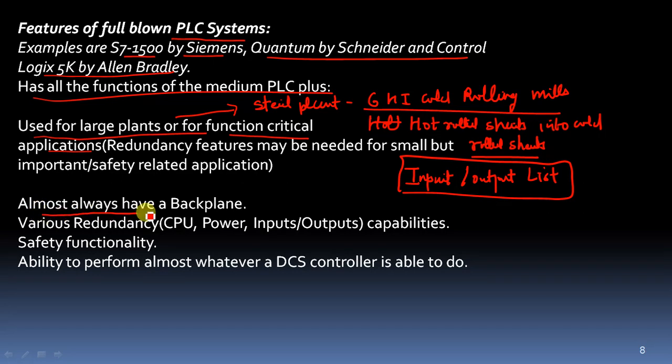They almost always have a backplane, because at any point of time when you are expanding the system, you can add those extra modules with the existing systems instead of replacing the existing system. You can interface extra modules with the existing system so that you can meet your expansion plans.